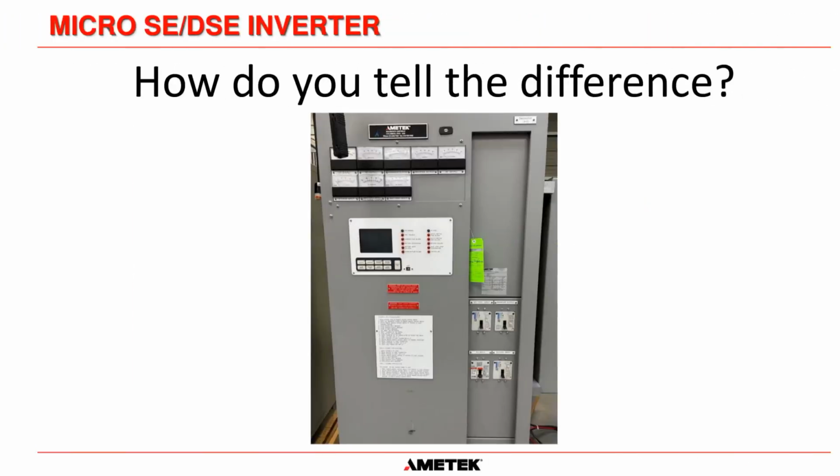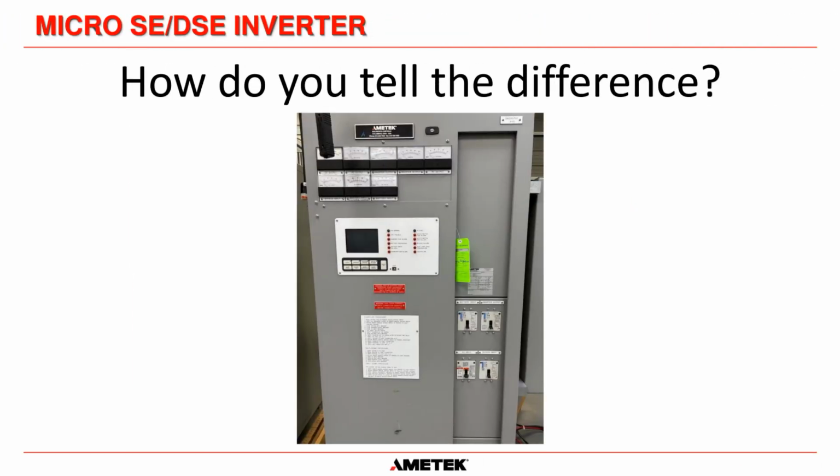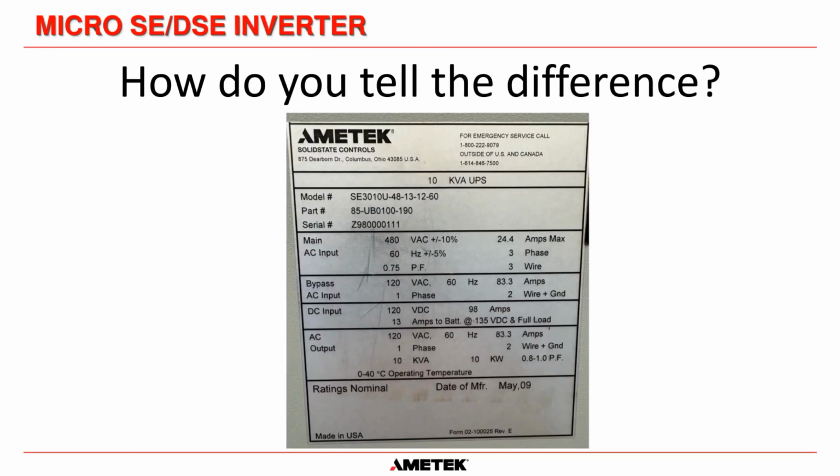Yes, that is correct. But you can't now say, oh, I've got a screen, so this must be a PWM inverter. That's not correct anymore. What you have to do is look at the rating plate, this sticker here. And if you blow it up, you can see we have this term here. This is the SE. So whenever you see an SE, then you know your UPS has a ferroresonant system, has the constant voltage transformer inside.